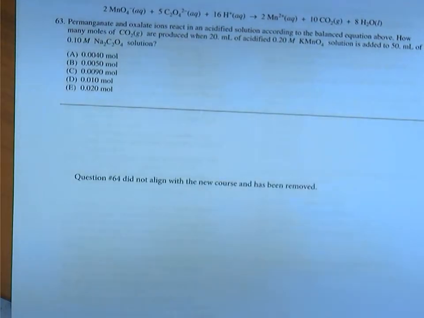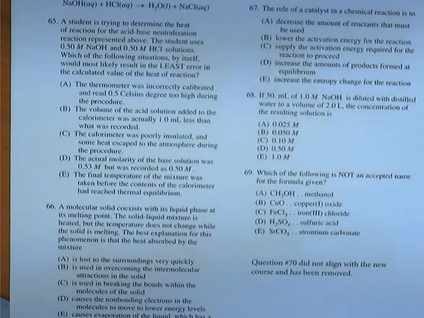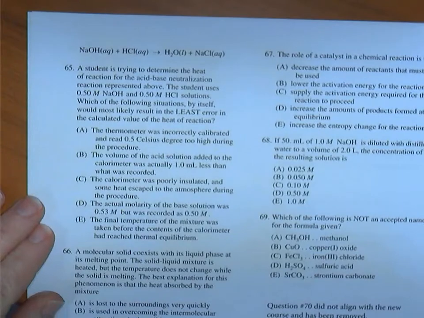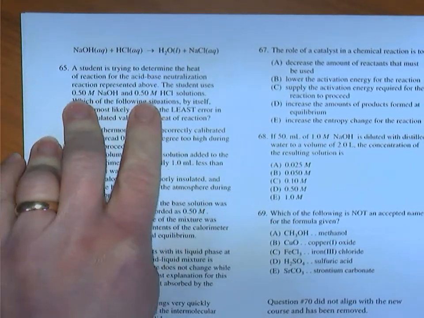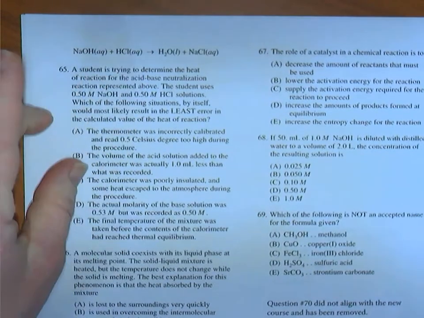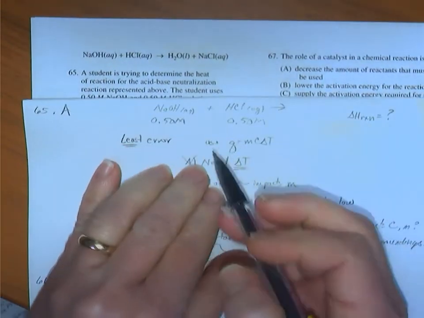It's asking in 65 for which would impact error the least. So what we have to understand that we're doing here is combining, going into it, 0.5 molar, 0.5 molar. So if we're trying to get the heat of reaction, we're doing calorimetry.